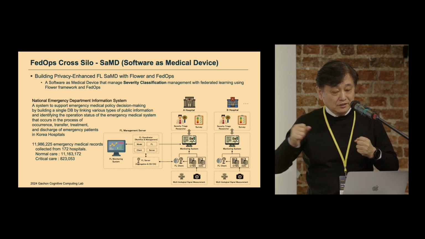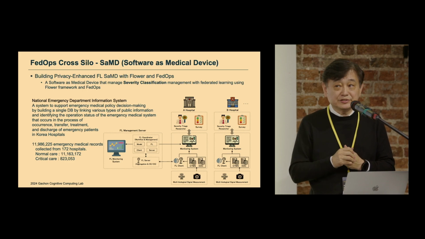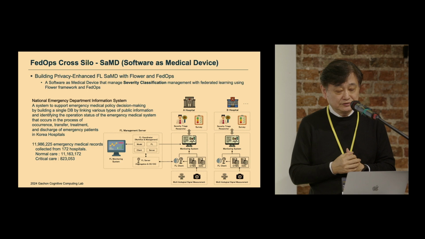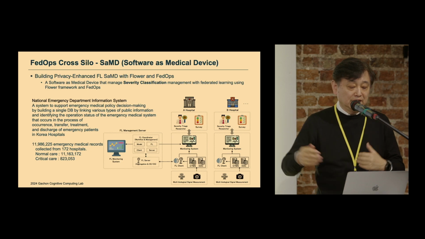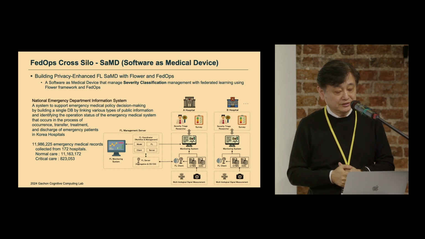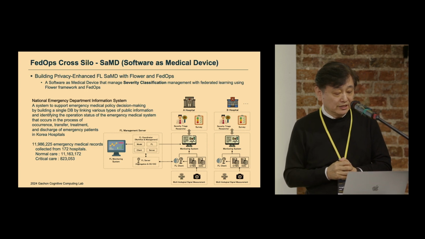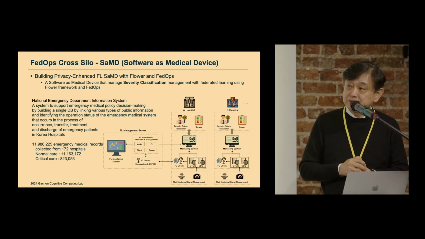For hospitals, the scenario is severity classification in the emergency department: how we manage once a patient comes to the emergency room, we can arrange the severity and then manage the patient. There is a big data set managed by the Korean government, more than 11 million emergency medical records gathered from 72 hospitals.